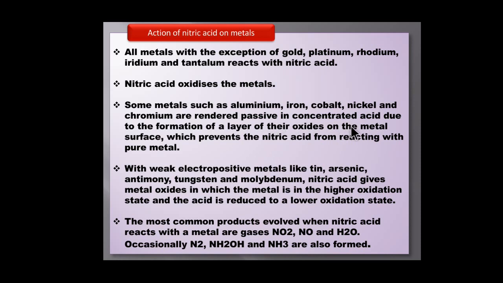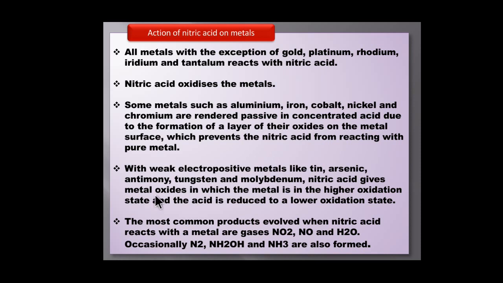Just underline concentrated acid, due to the formation of a layer of their oxides on the metal surface, which prevents the nitric acid from reacting with the pure metal. It's very important. With weak electropositive metals like tin, arsenic, antimony, tungsten and molybdenum, nitric acid gives metal oxides.